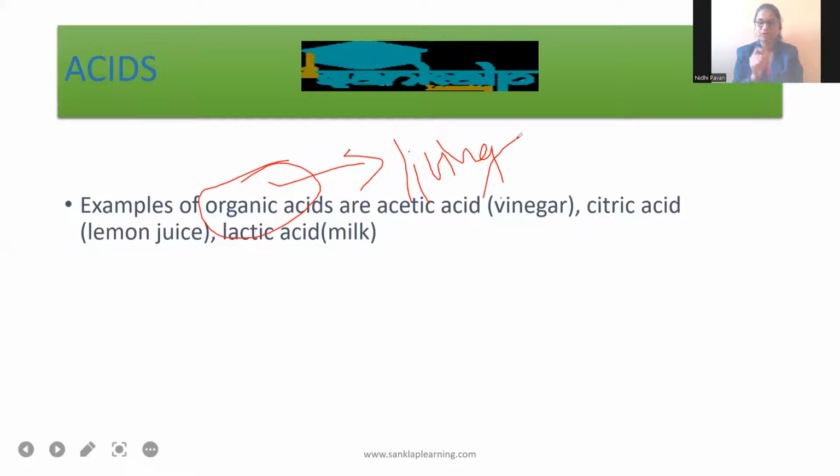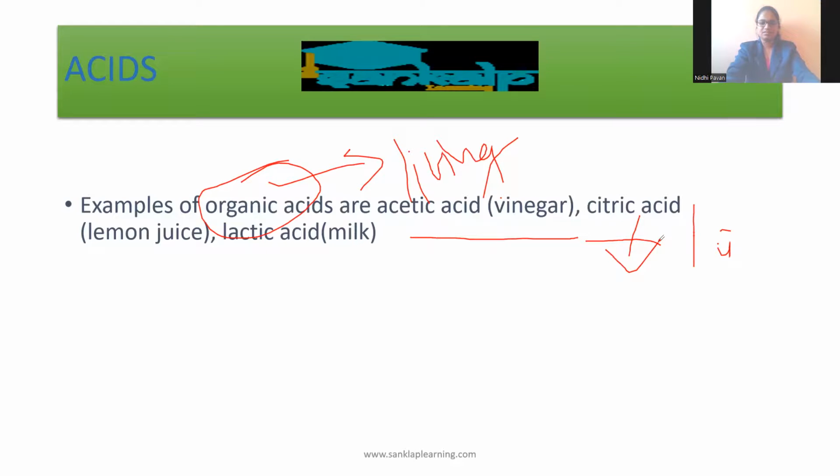Here these are acetic acid, vinegar, which they use in fast foods, citric acid, which we get from lemon, and lactic acid, which we get in milk and curd. Then tartaric acid, which we get in turmeric. Like that, we have many organic acids which we use in our daily life.